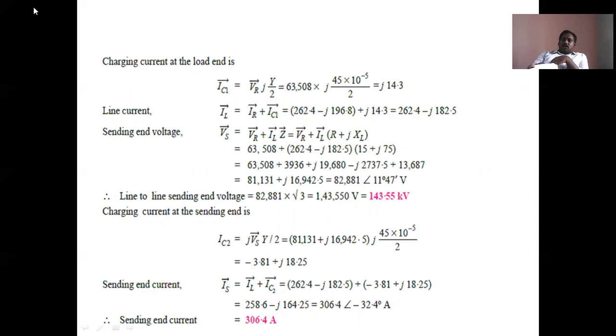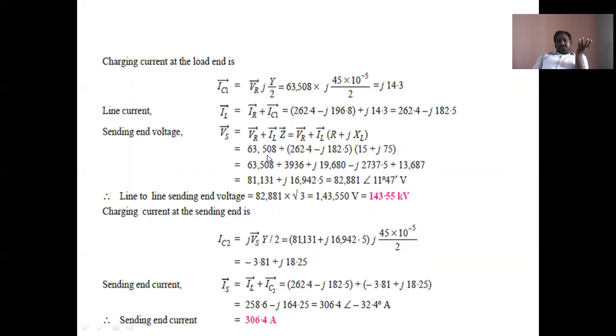IL is IR plus IC1, the vector sum of receiving end current and capacitive current. Then finally the sending end voltage Vs is equal to VR plus IL Z, from the circuit, on the basis of the pi method circuit, the bisection circuit. VR plus IL into Z: receiving end voltage plus drop across the line.